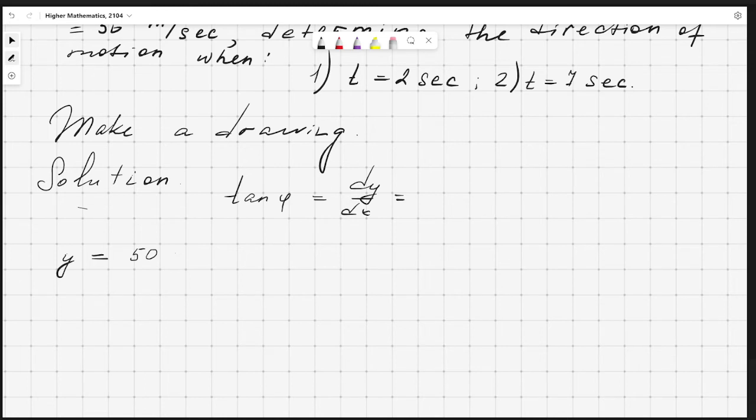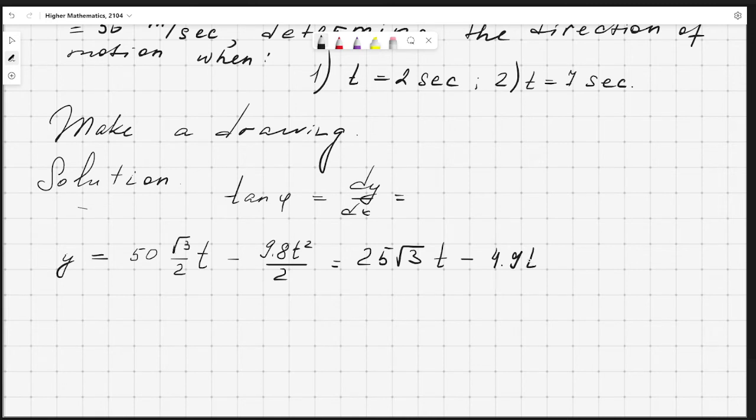Sine of 60 degrees equals square root of 3 over 2, times t, then minus 9.8 t squared over 2, or 25 square root of 3 times t minus 4.9 t squared.